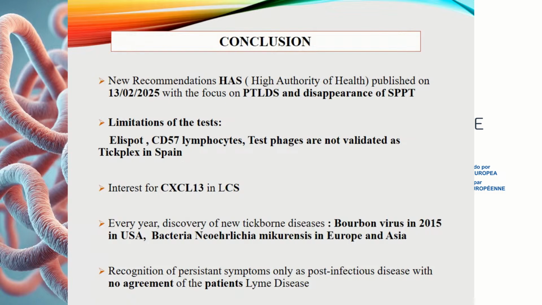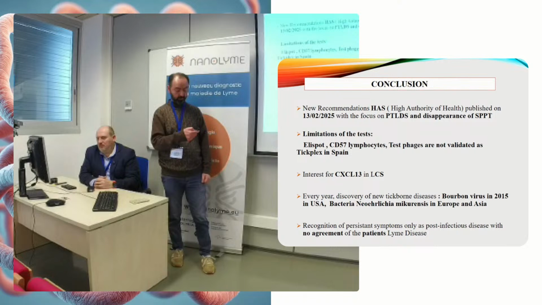But the patient associations disagree because most of the patients, like the two daughters of Christophe, are cured with prolonged antibiotics. So there is always a problem with this. Voilà, I have finished.